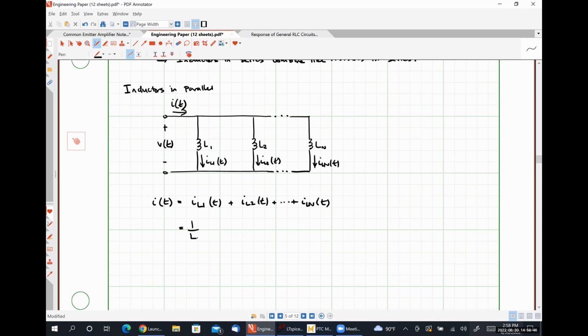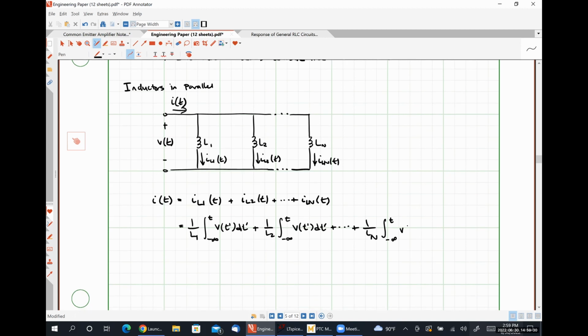So that's going to look like 1 over L1 times the integral from negative infinity to t of V of t prime dt prime plus 1 over L2 times the integral from negative infinity to t of V of t prime dt prime all the way out to 1 over Ln times the integral from negative infinity to t, my apologies, of V of t prime dt prime.